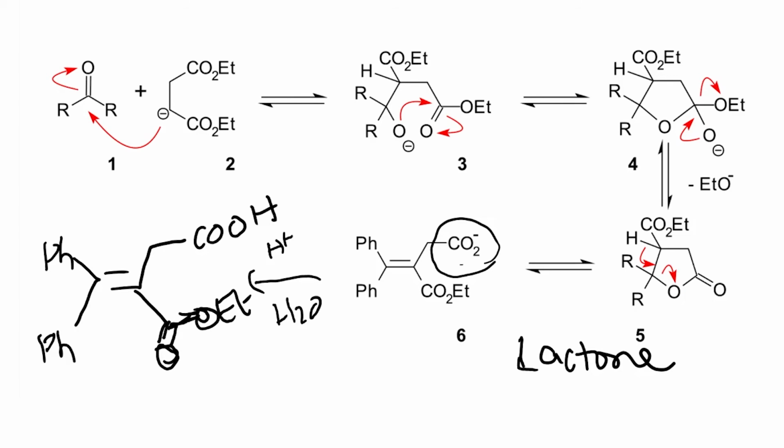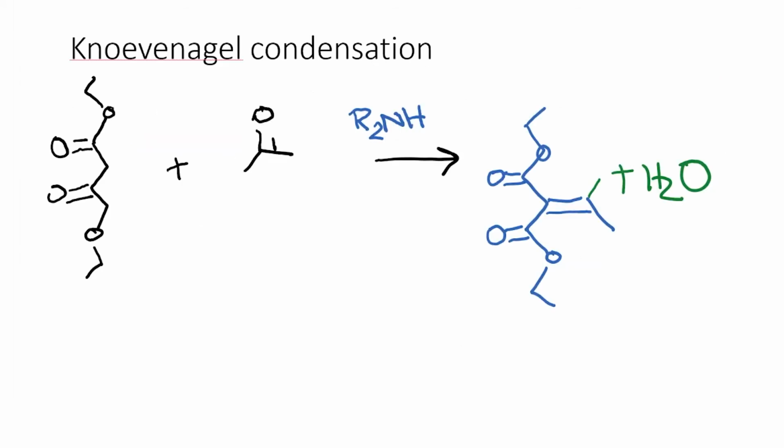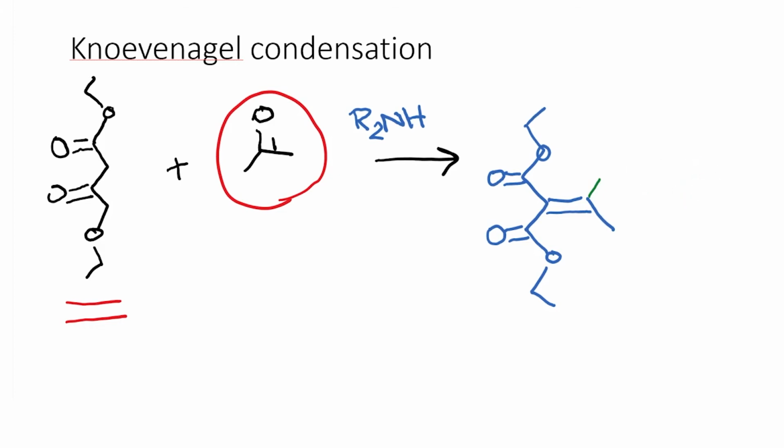Moving forward, we are going to look at the next condensation reaction, which is the Knoevenagel condensation. The Knoevenagel condensation is very similar to the previous Stobbe condensation that we looked at, but there are some differences. Here, if you start with this 1,3-dicarbonyl compound and react it with a ketone in the presence of a secondary amine base, the product that is formed is actually this olefin as shown here.